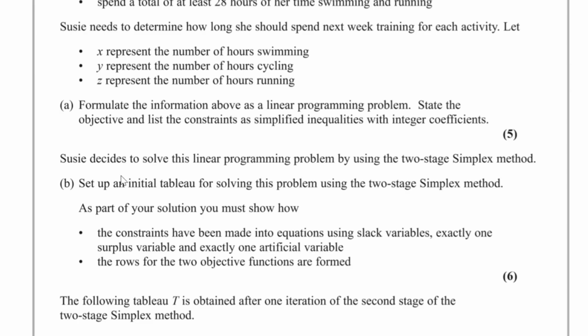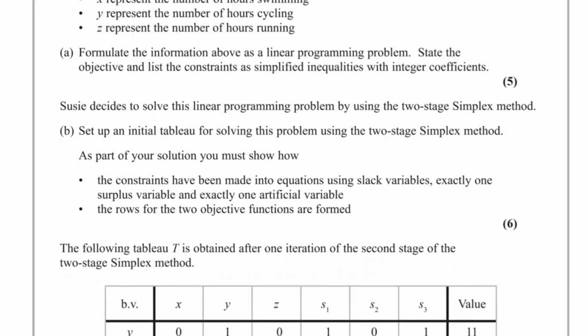Now for part B, Susie decides to solve this linear programming problem by using the two-stage simplex method. We have to set up an initial tableau for solving this problem using the two-stage simplex method. As part of our solution, we must show how the constraints have been made into equations using slack variables, exactly one surplus variable and exactly one artificial variable, and the rows for the two objective functions are formed.